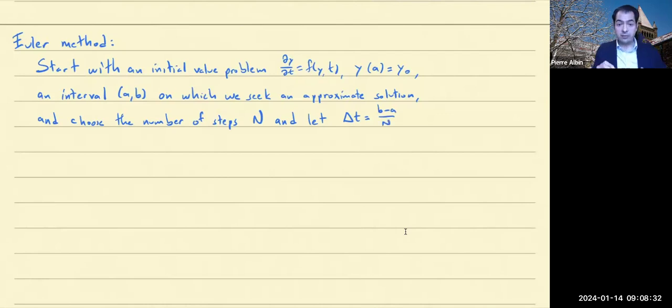So we're just dividing the interval into n pieces of size delta t. And then we define t sub i to be a plus i times delta t. So these are our t coordinates of the segments we're looking for.